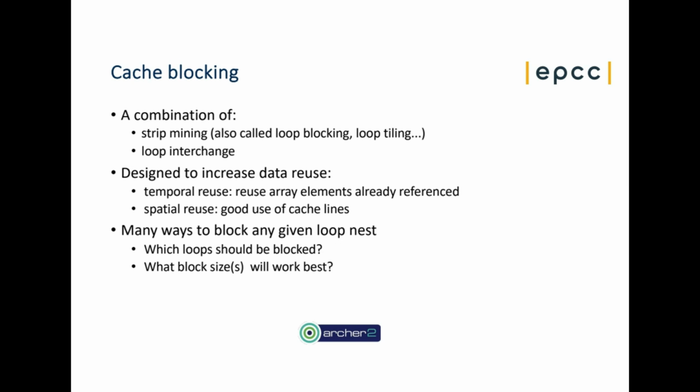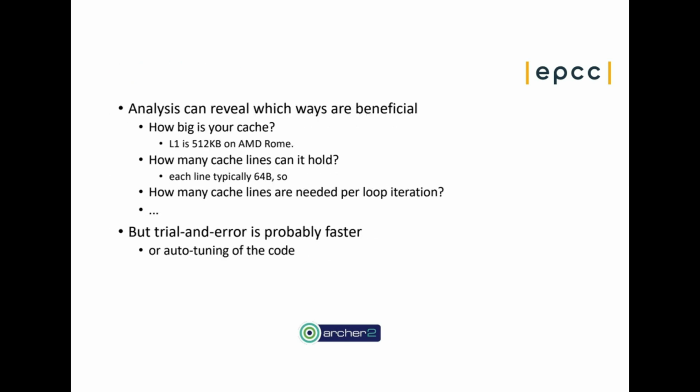You're faced with a lot of choices. For a given loop nest, which loops are you going to block, and what's the best block size? You can think about analysis of what's going to be better. How big is your cache?